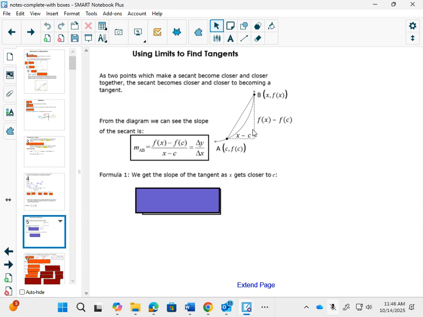So we could say the slope from A to B is f of x minus f of c over x minus c. But what do we need to have happen here to get the slope of the tangent line? We need x to become really, really close to c. And if we have this equation, and we can evaluate that limit, then we could get the slope of the tangent line. This is idea number 1, formula number 1.